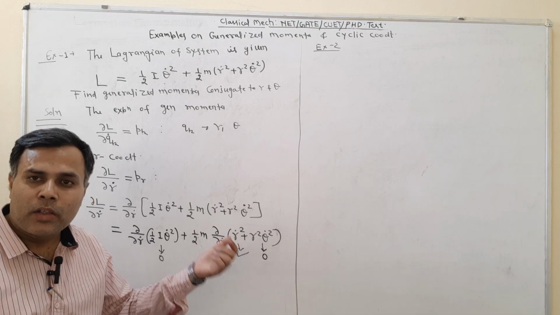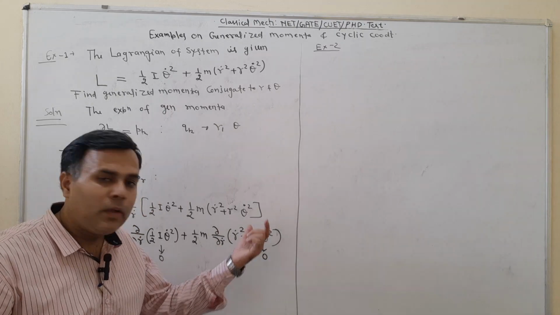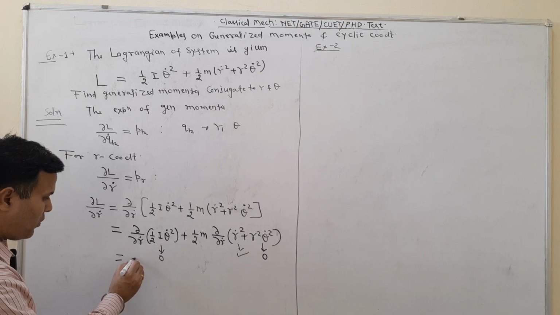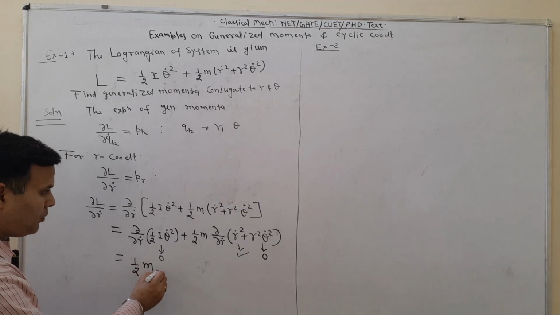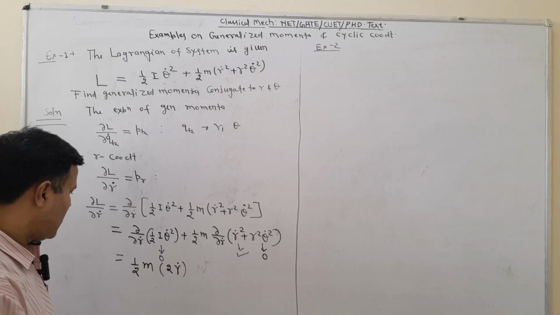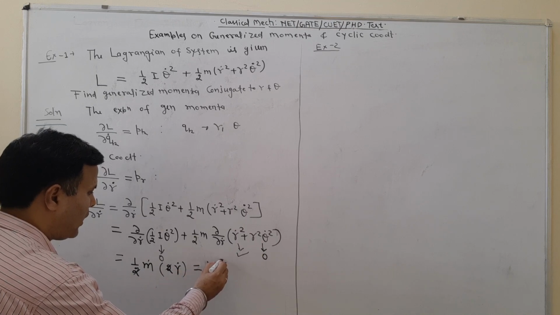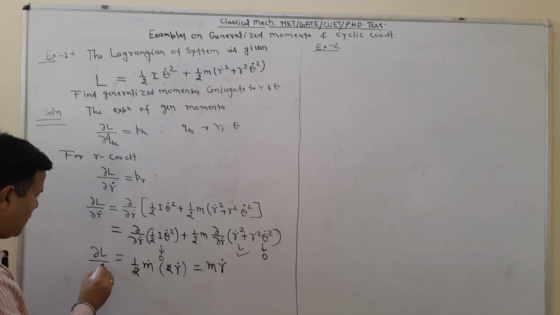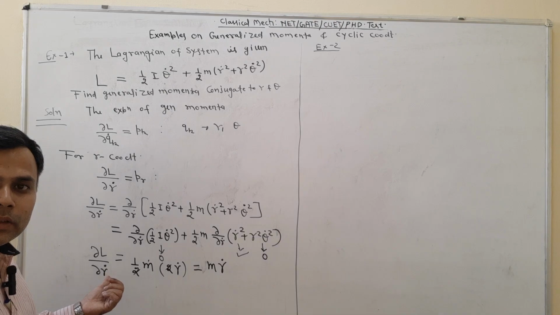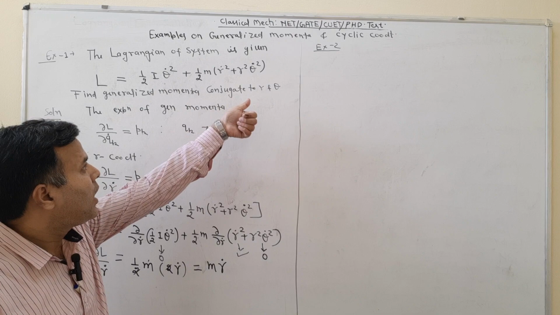So only the r dot term gives some value and the rest will be 0. So we have simply 1 by 2 m 2 r dot. This 2 will cancel out and we have simply m r dot. So del L upon del r dot is simply m r dot, and this is PR.